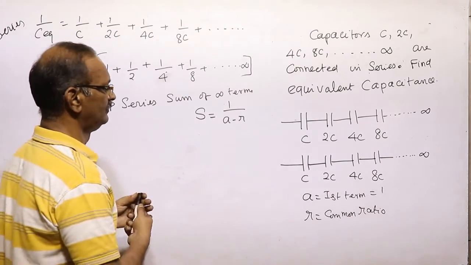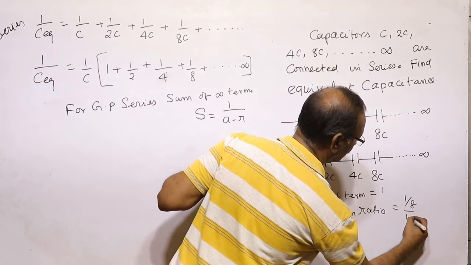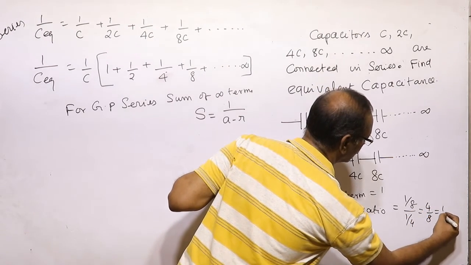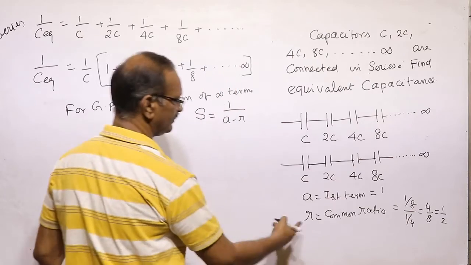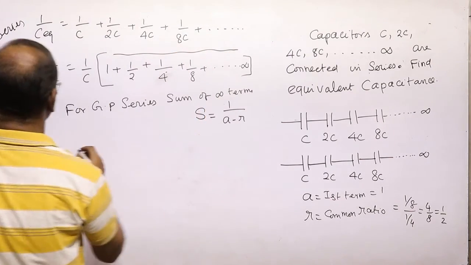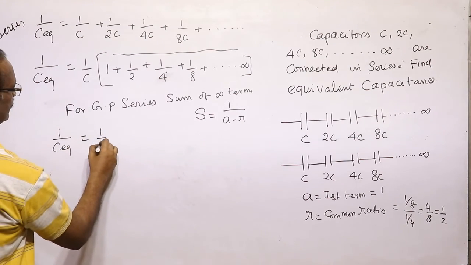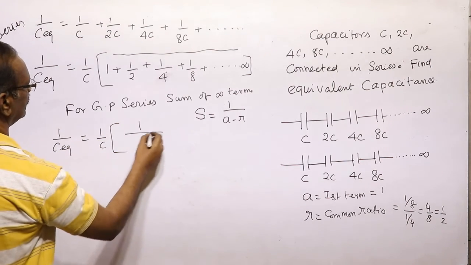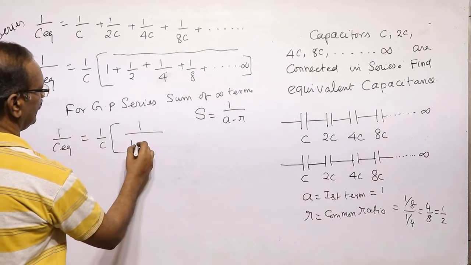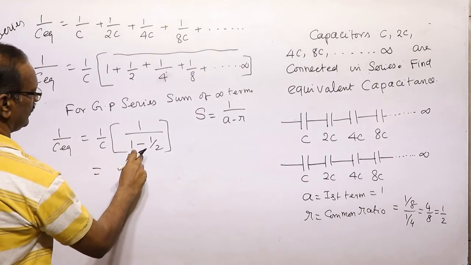Let us take these two. The common ratio is equal to 1 by 8 divided by 1 by 4, which is 4 by 8, equal to half. Therefore R is equal to half. Therefore, 1 by C equivalent is equal to 1 by C into 1 divided by 1 minus R, which is 1 minus half.